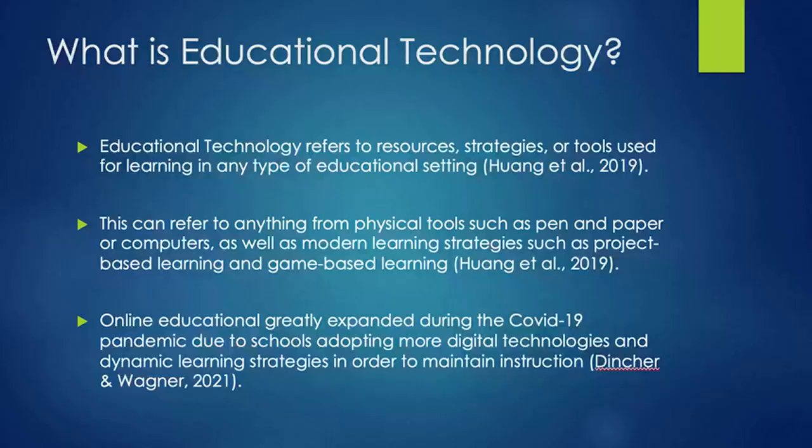Online education really expanded who could access education, because it allowed educational institutions to make their courses and course material available for students who could not necessarily receive them before: students who were geographically unable to reach an educational institution, who were too far away from a school to be able to continue their education, or students who had physical difficulties with being in a school building in person. It allowed them to continue their education online.